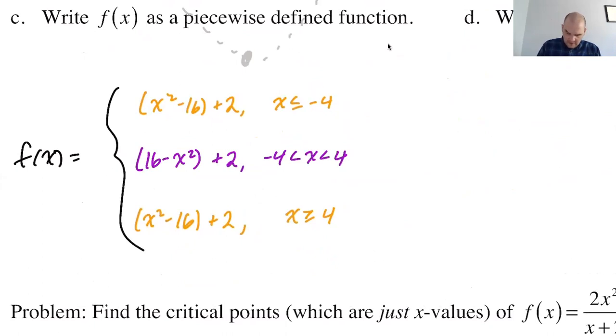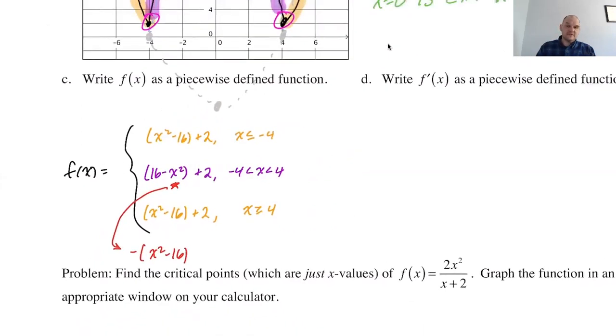This part is the opposite of x squared minus 16, so that's why I wrote it that way. I think it's just a little cleaner. But anyway, this is our piecewise function.